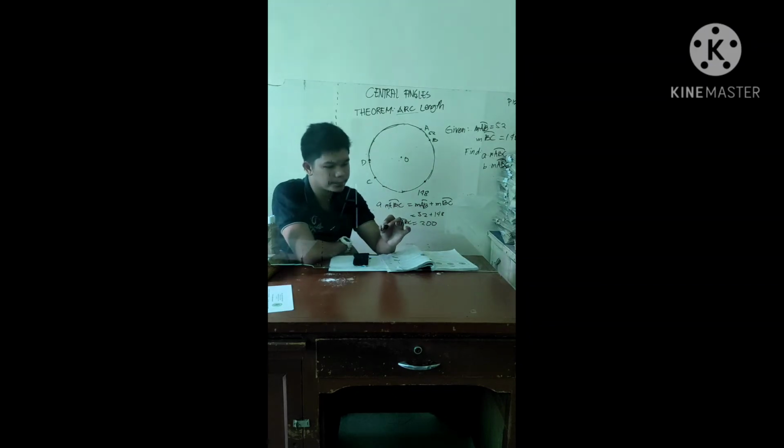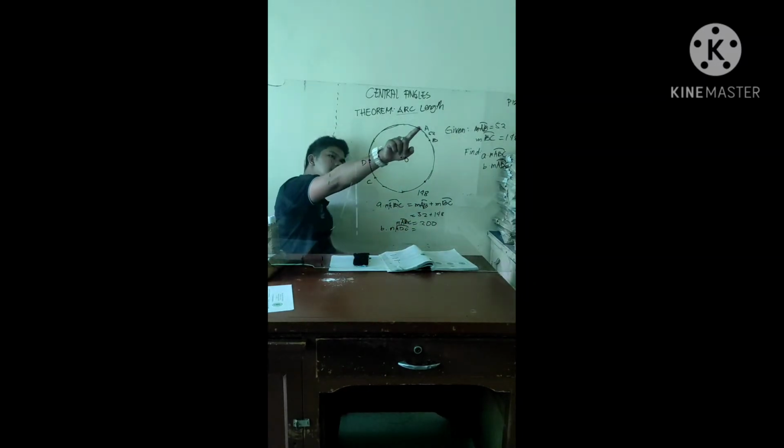Next, letter B. Measure of your arc ADC. So si ADC, AD at saka DC.